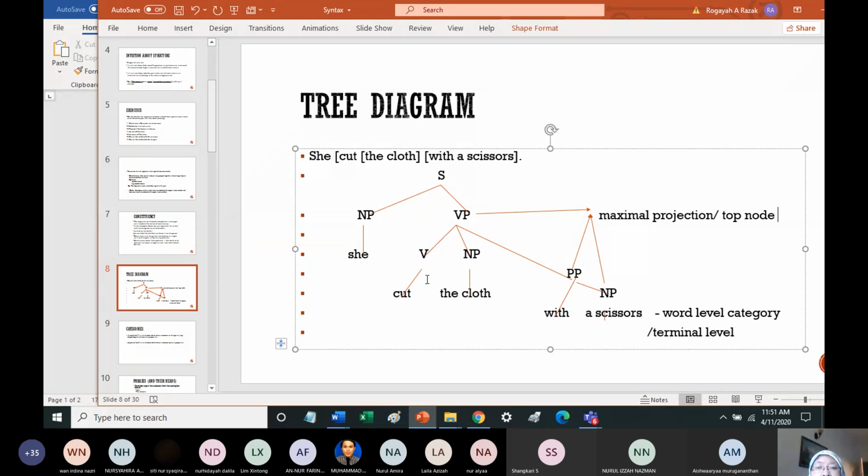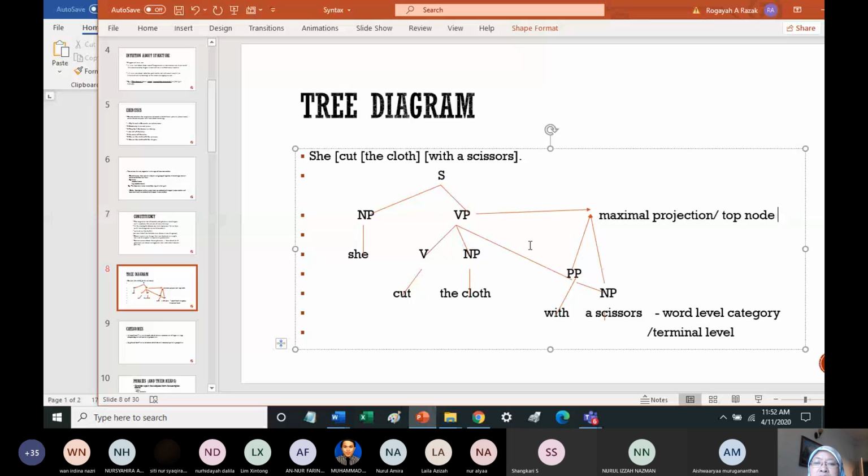Later when I explain, you will see that there are rules that we use to combine these words into phrases, into bigger phrases. As you can see in the sentence, the biggest maximal projection is the NP and the VP, because the sentence consists of NP and VP, and then from the VP comes the V, the NP and the PP and the NP.